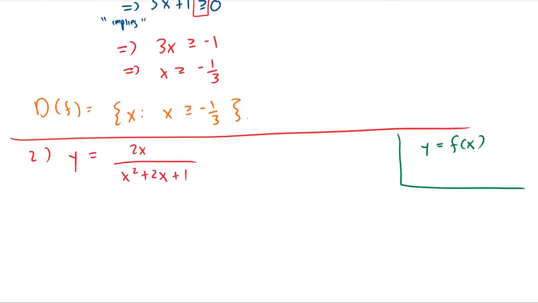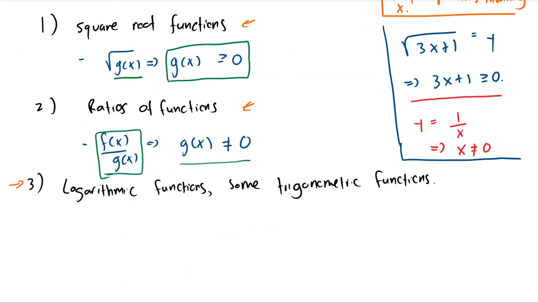So in this function, now we're dividing by an expression of x, right? We're dividing by x squared plus 2x plus 1. Given the previous slide, we have to be careful anytime we're dividing by an expression, because whatever that expression is can't be equal to 0, because if it were, we'd be dividing by 0. Okay?